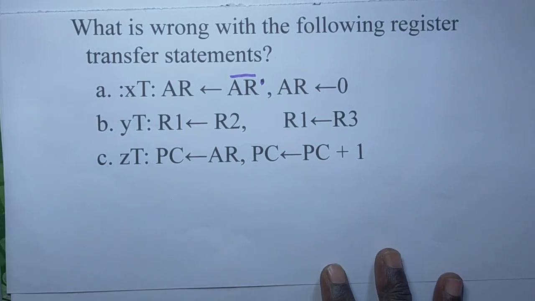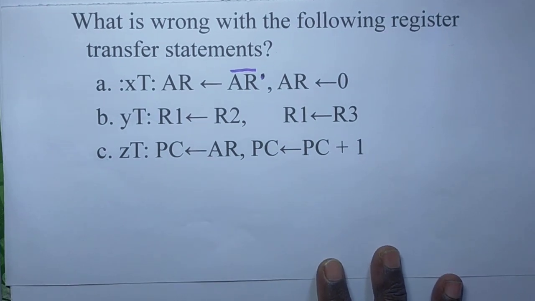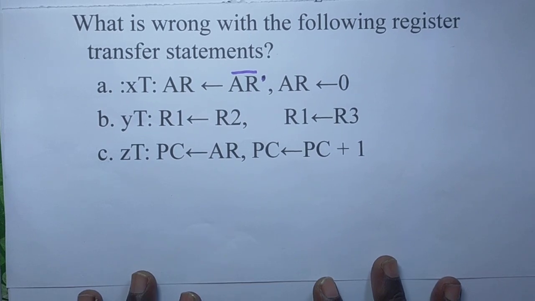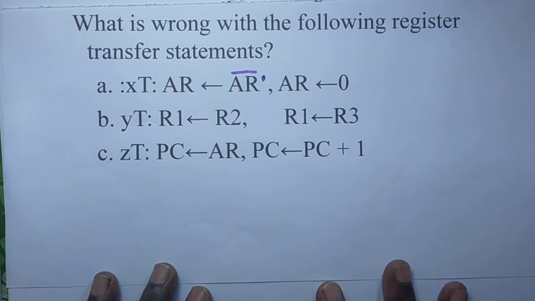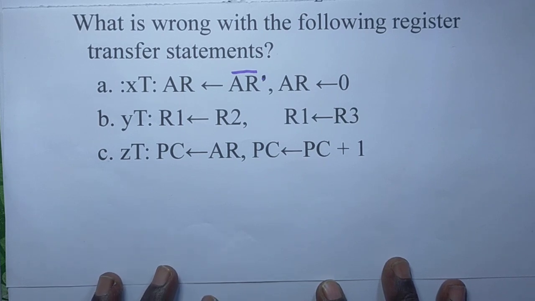Today I will discuss some problems. The problems are not so much about finding or calculating something, but about testing it. We will test whether the given register transfer statements are true, whether they will work or operate or not.